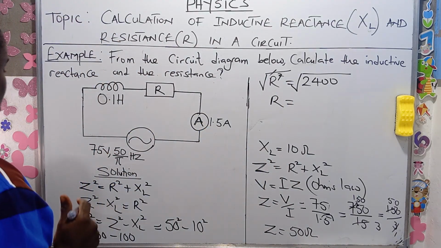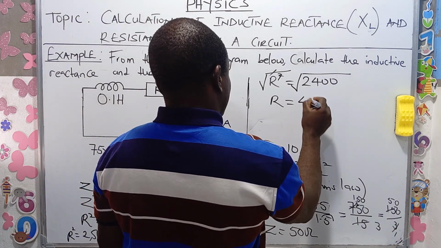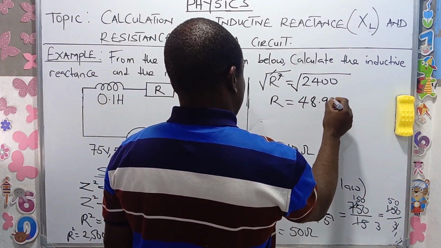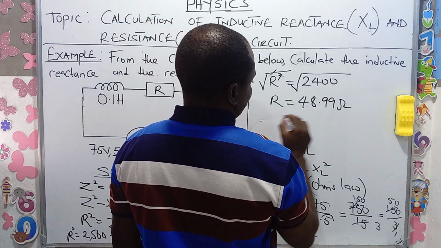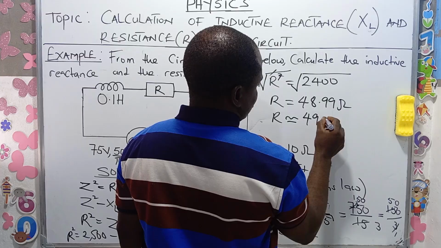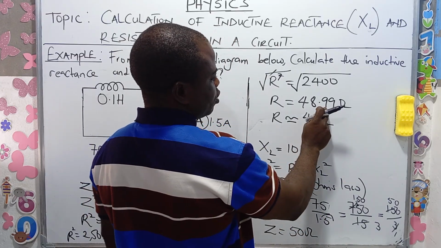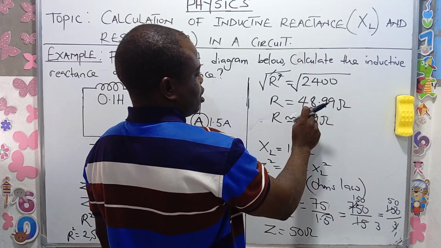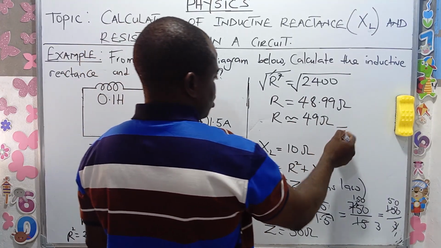You press your calculator and get the square root, you have 48.99 ohms, which is approximately 49 ohms. Because 9 is more than 4, take it as 1, add it to this 8, and you get 49 ohms.